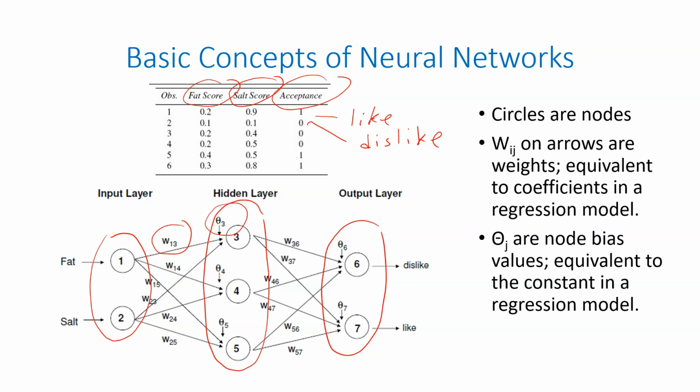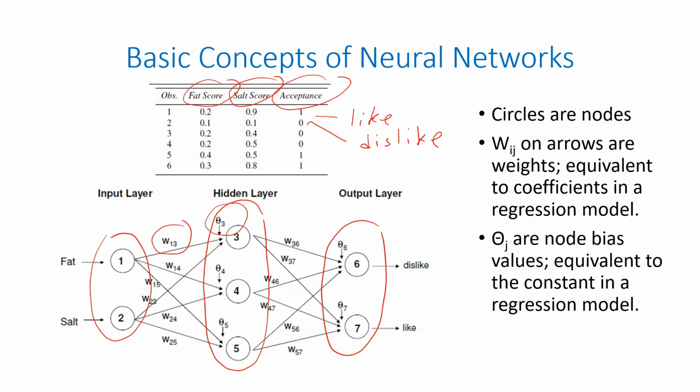For example, W13 refers to the weight placed on the value in node 1 to compute the value in node 3. And W23 refers to the weight placed on the value in node 2 to compute the value in node 3, and so on.